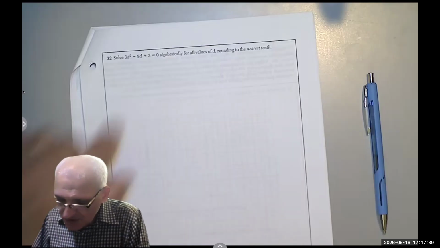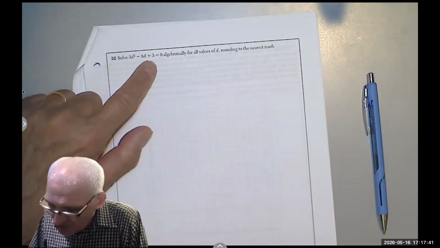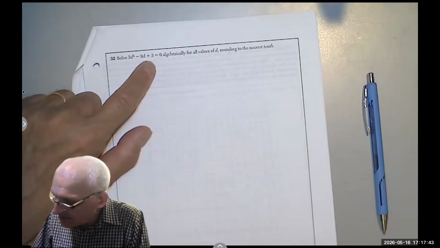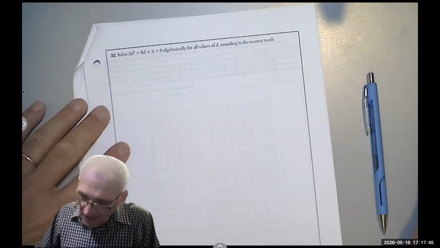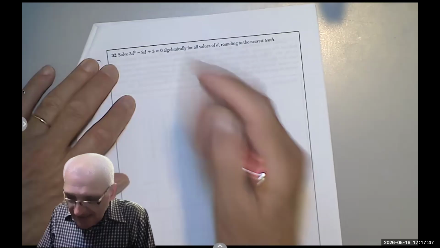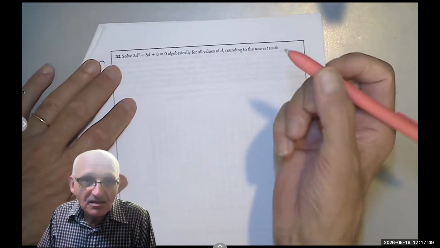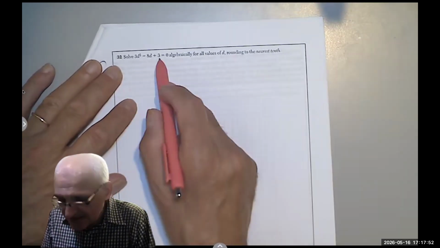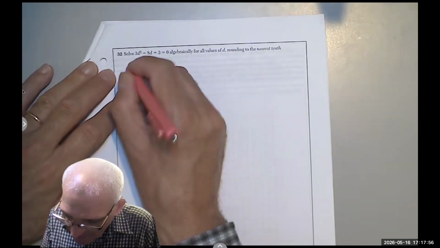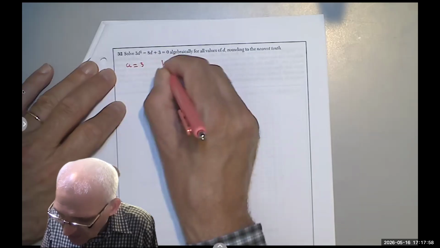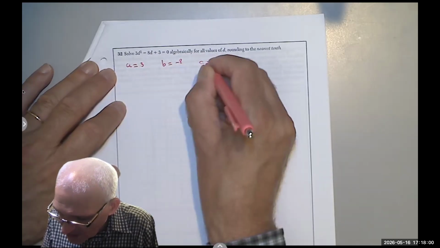Okay, solve this algebraically for all values of d rounding to the nearest tenth. Okay, so here I will have to use the quadratic equation, because since they told me that, it means I cannot factor. So I have a equals 3, b equals negative 8, and c equals 3.